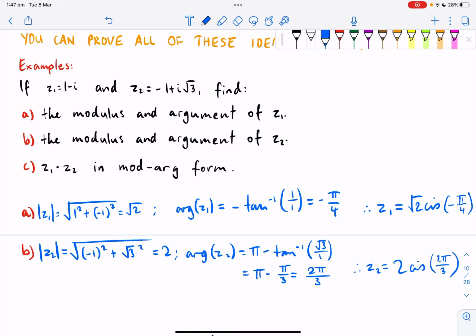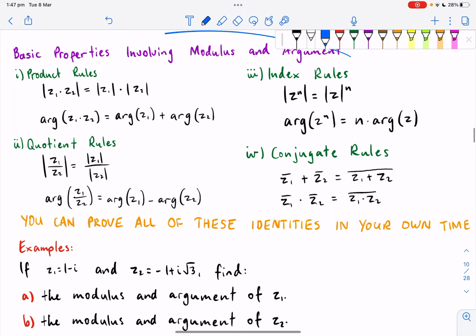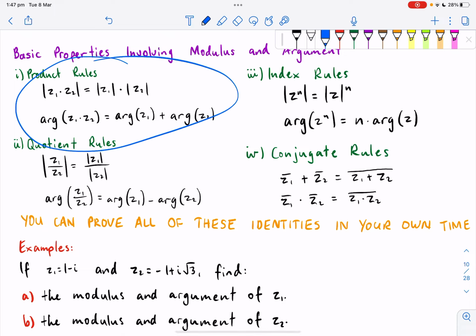Okay, and now part C. We want z1 z2 in mod-arg form. So z1 z2 is essentially 1 minus i times negative 1 plus i root 3. But now, because we've expressed them in modulus argument form, we're going to do a shortcut here, and we're going to utilize these rules here, more specifically here.